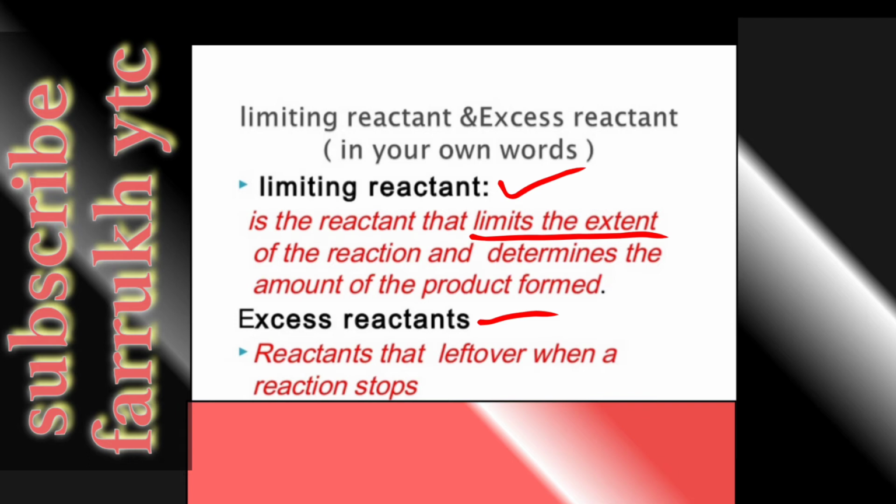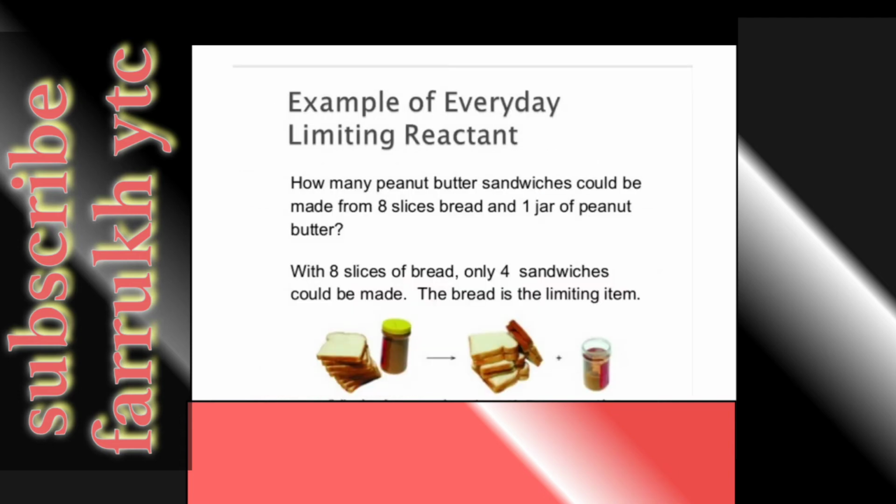Okay, the next thing is excess reactant. What is meant by excess reactant? Excess reactant means the reactant which is left over when the reaction stops. So these leftover reactants are known as excess reactant. The next point is another example. Let's suppose we have bread slices and peanut butter.